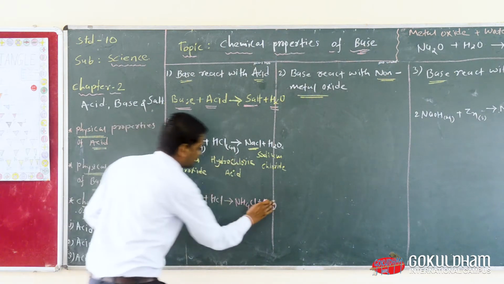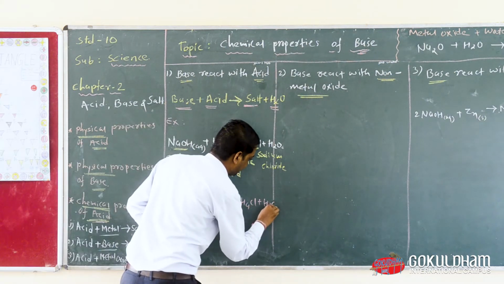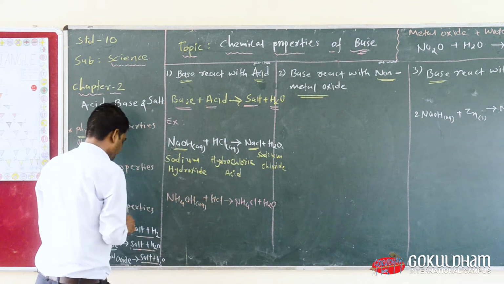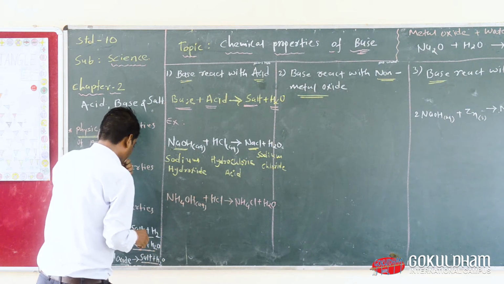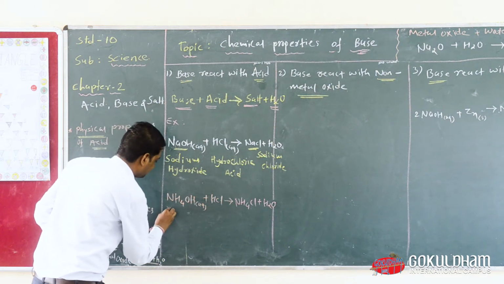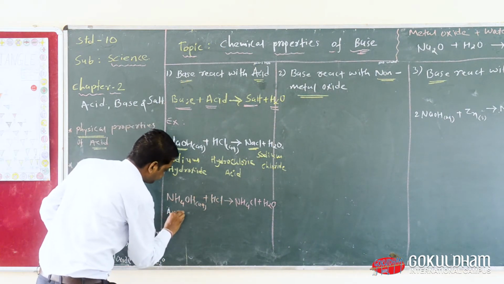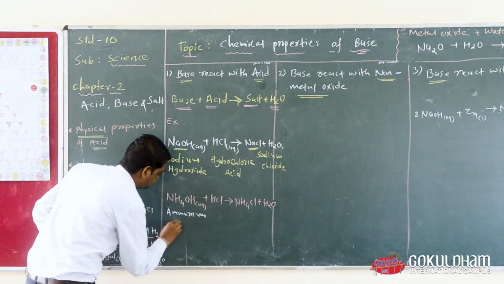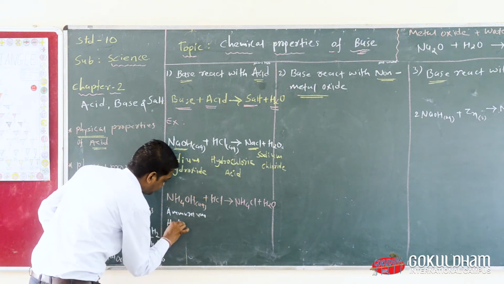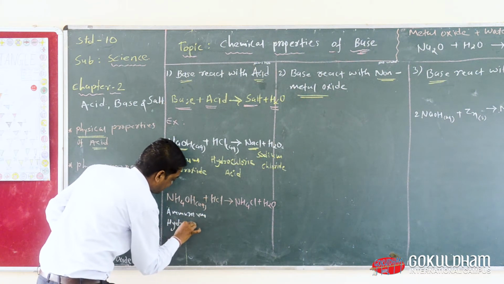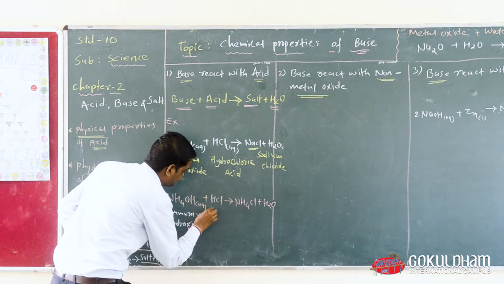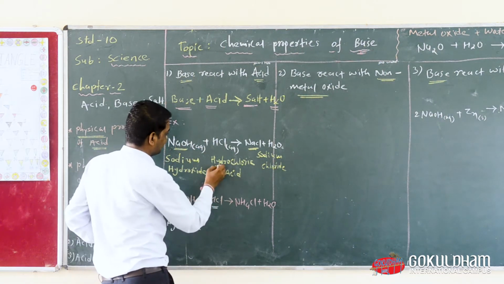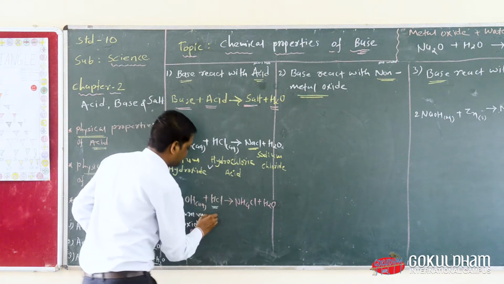What is the chemical name of NH4OH? The chemical name of NH4OH is ammonium hydroxide. As you know, the name of HCl is hydrochloric acid.